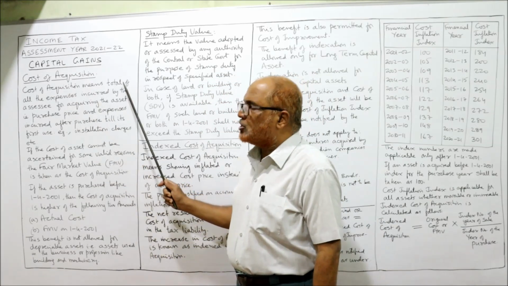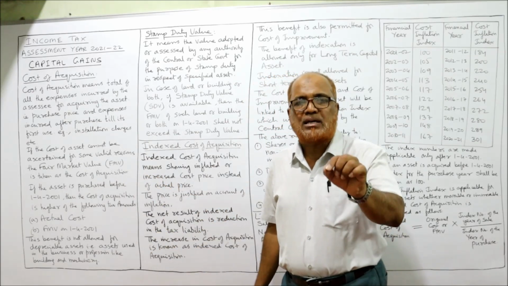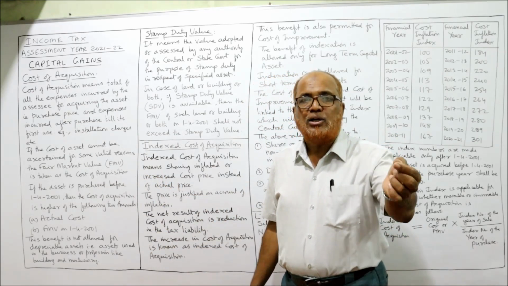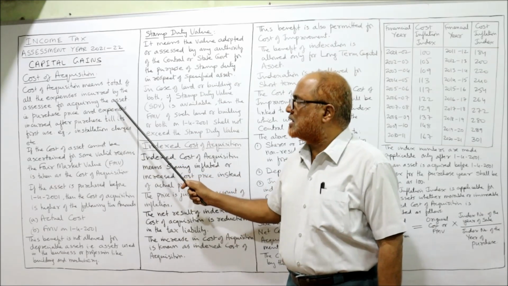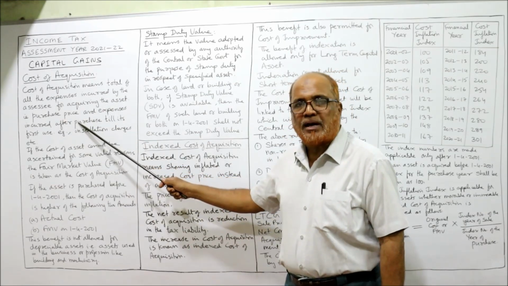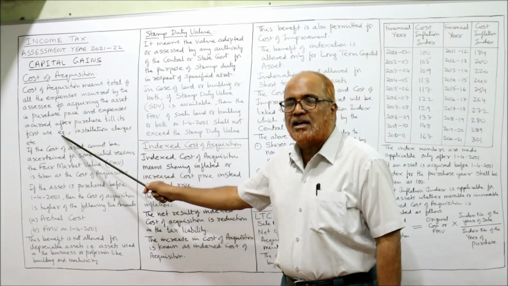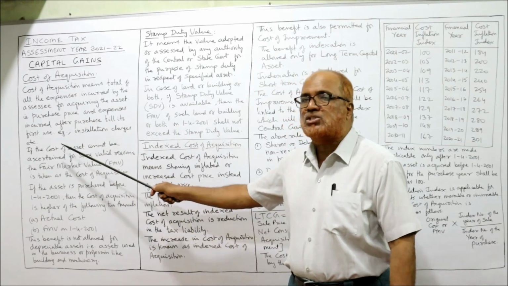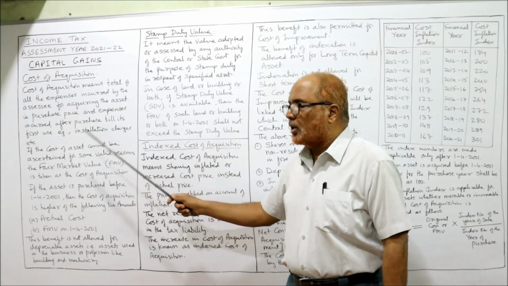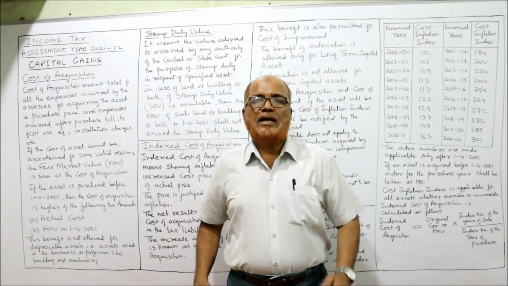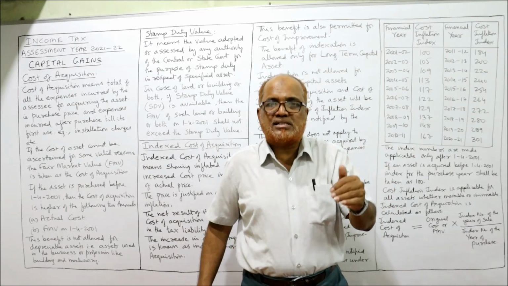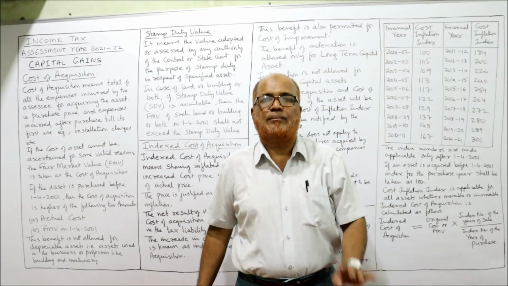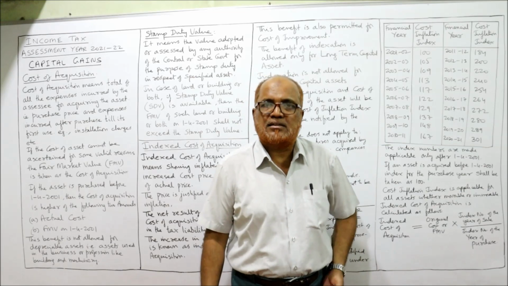Cost of acquisition means the total of all expenses incurred to acquire or purchase the asset. That is the purchase price and expenses incurred after purchase till its first use, that is installation charges, etc. That means any incidental expenses incurred to purchase the asset will be added to the cost of the asset.